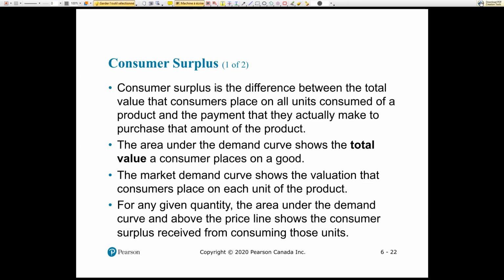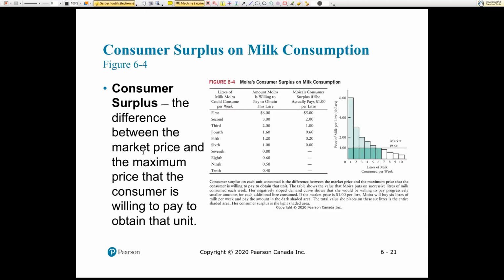Yeah. So consumer surplus is the difference between the total value that consumers place on all units consumed of the product and the actual amount that they do pay. So the total value is what they were willing to spend at most for a good. So for instance, for 6 units, what was the total value? It was 6 plus 3 plus 2 plus 1.6 plus 1.2 plus 1. And what was the total money spent? It was $1 each.